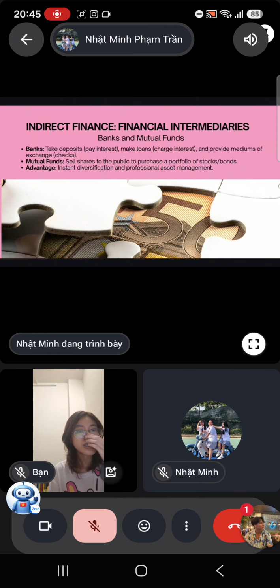And now, indirect finance operates through financial intermediaries, primarily banks and mutual funds. Banks take deposits from savers, pay them lower interest, and make loans to borrowers at higher interest.